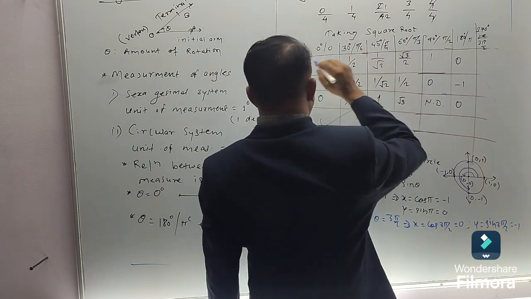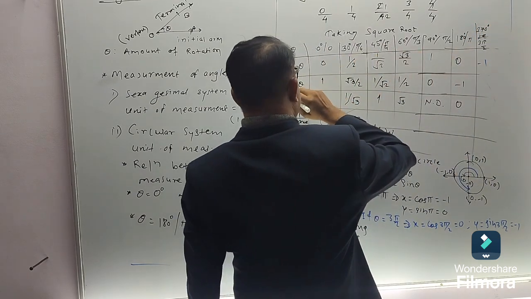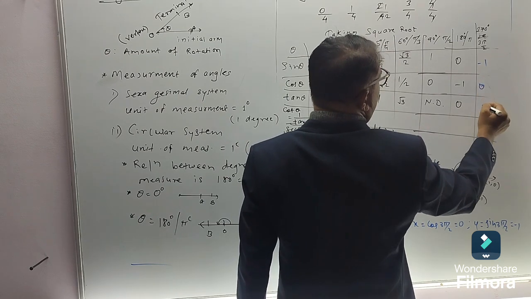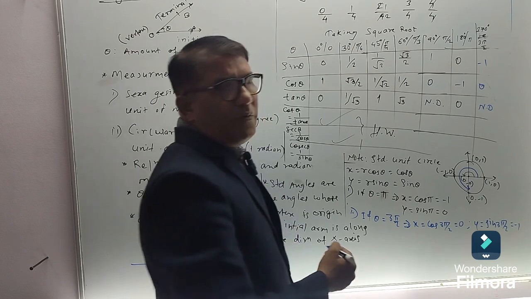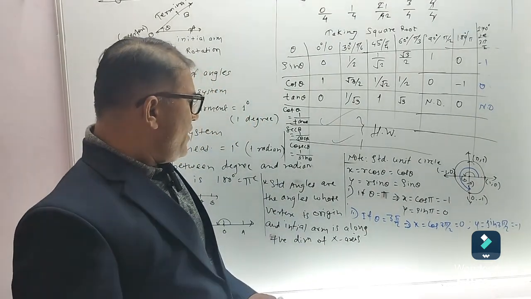It means sin of 270 is minus 1, and cos of 270 is 0. Obviously the ratio is not defined because the denominator becomes 0.